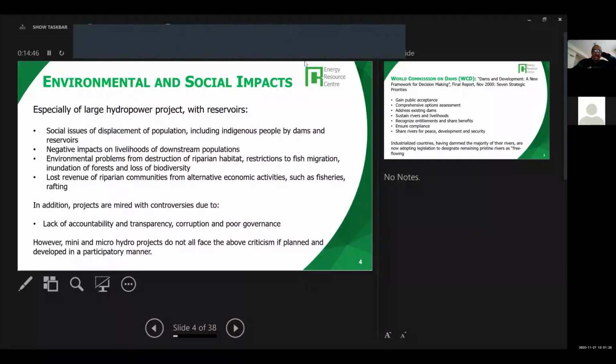However, I think many micro and small hydro projects do not face the above criticism if they are planned and developed in a participatory manner. I stress on the word participatory because you need the communities affected to really participate in the development of projects.